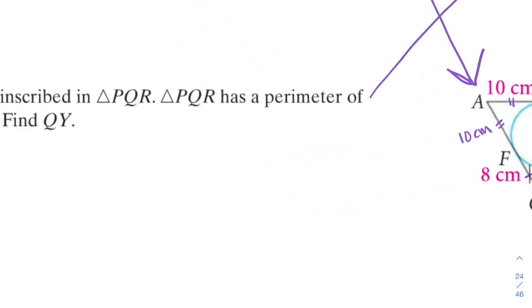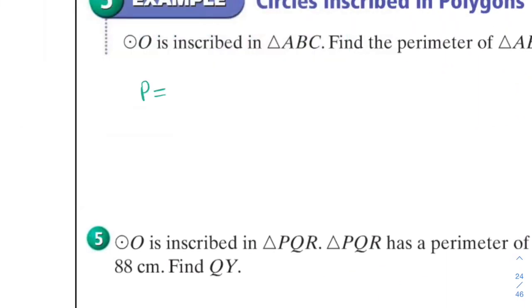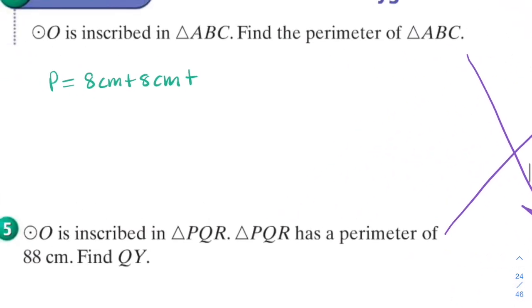So the perimeter is going to be 8 centimeters plus 8 centimeters plus 10 centimeters plus 10. Now, some of you are going to notice a pattern. You don't have to add all 6 of these.